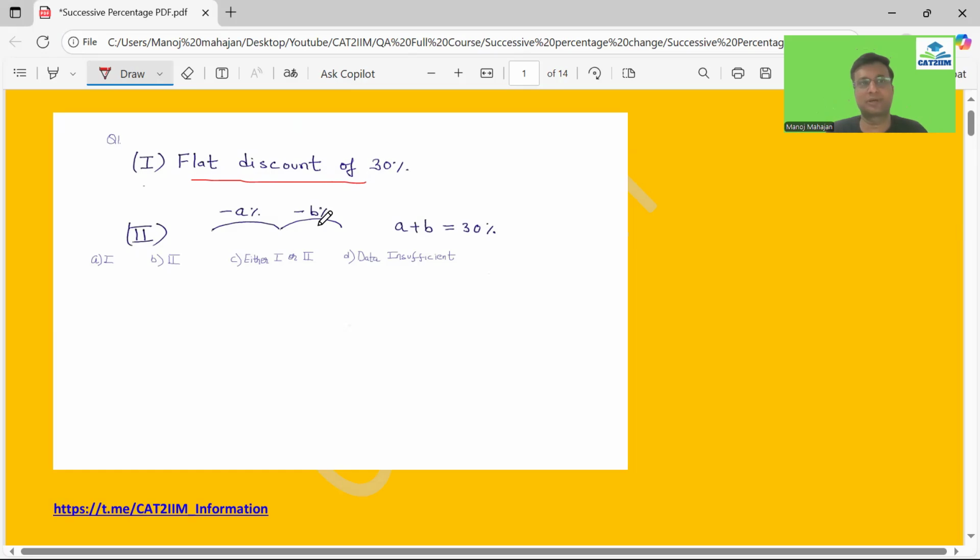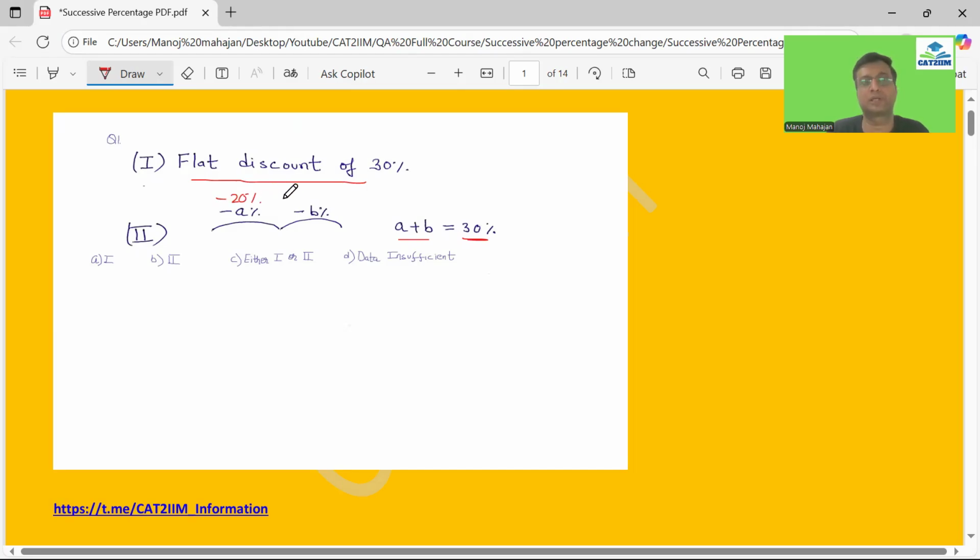The second option he is giving is two successive discounts such that A plus B sum is 30%. So the choice is yours, whatever value of A and B you want to pick, but the sum would be 30. So one example I can pick is, let's say A becomes 20%.